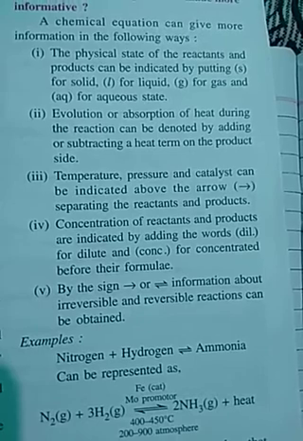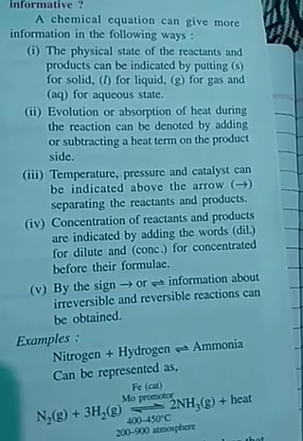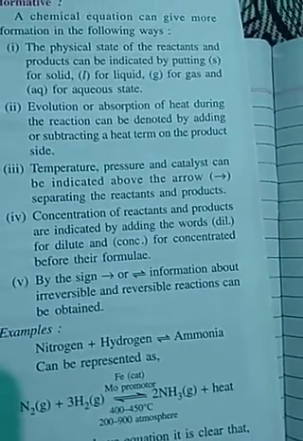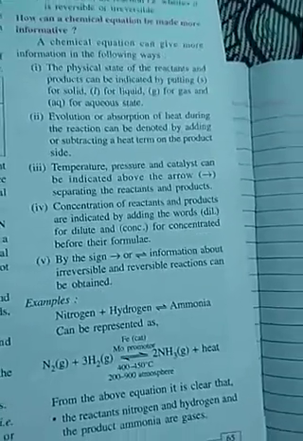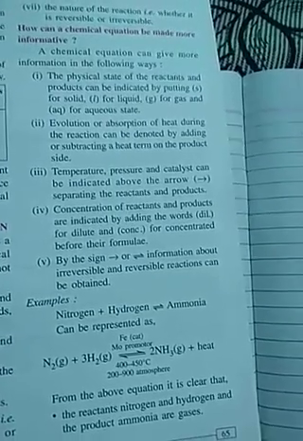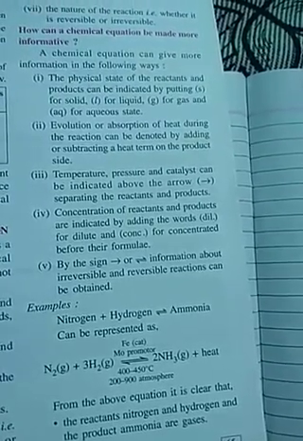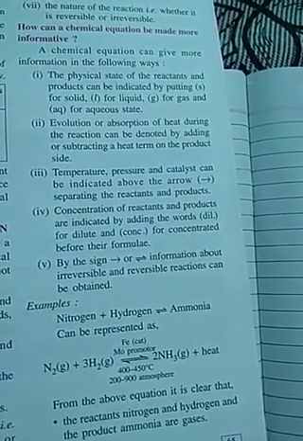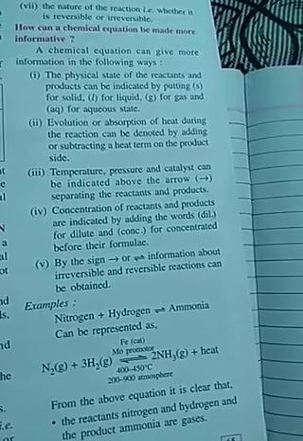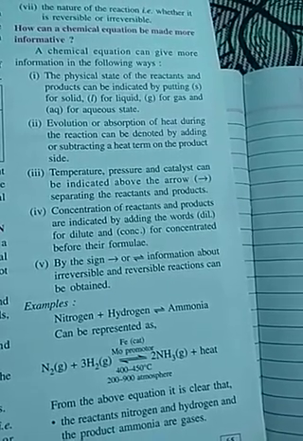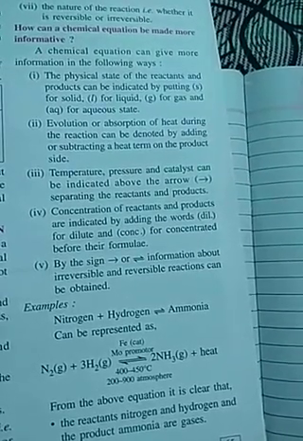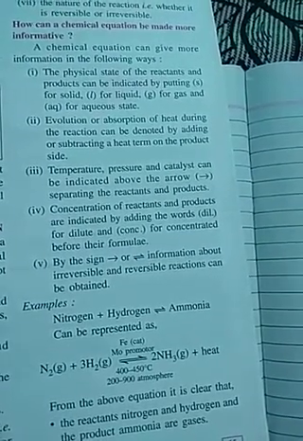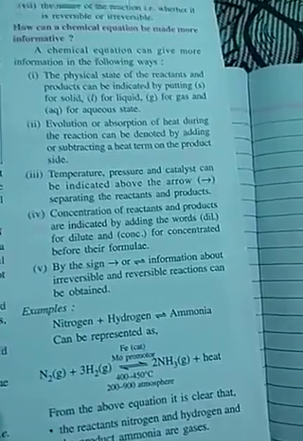Now concentration of reactants and products is indicated by adding dilute or concentrated before their formula. See, there are different types of acids. An acid in which water is very little and the amount of acid is more is called concentrated acid, and an acid in which the quantity of acid is less but the amount of water is high is called dilute acid.